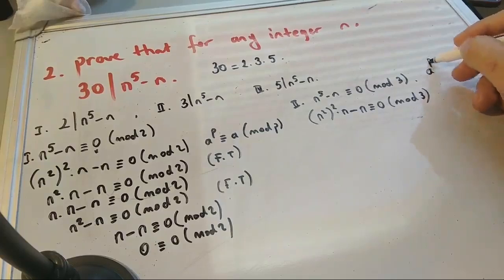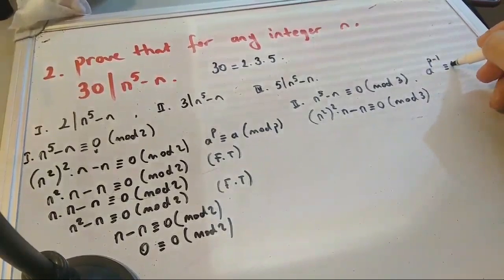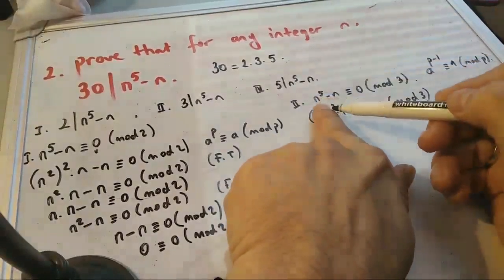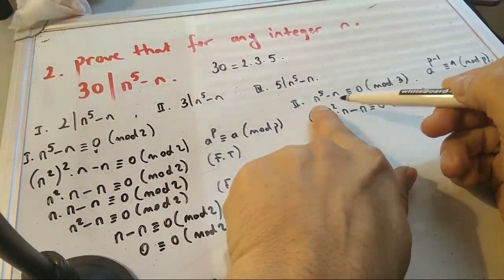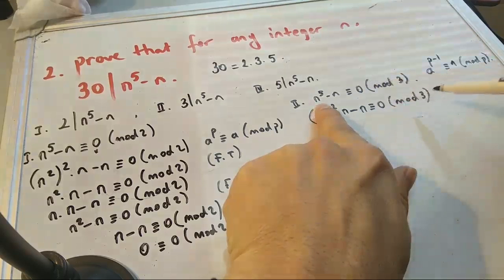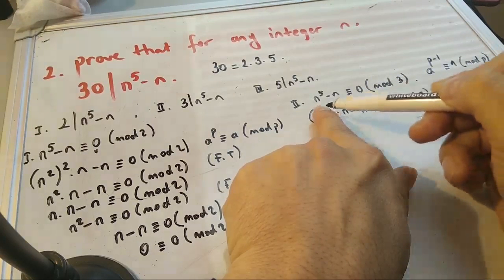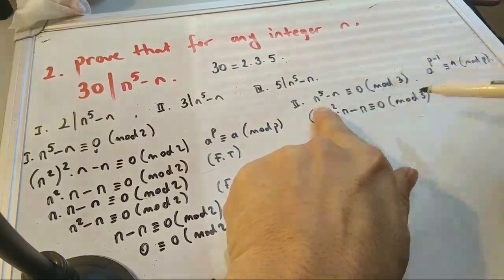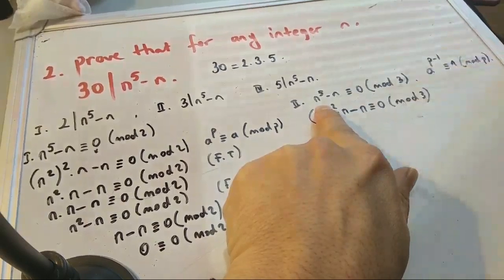A to the power of p minus 1 is congruent to 1, the leftover, in mod p. The same: a to the power of 2 is congruent in mod 3. What is it? A squared is congruent in mod 3. Tell me the remainder.